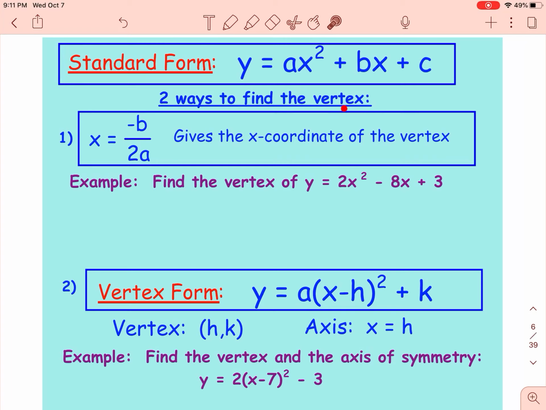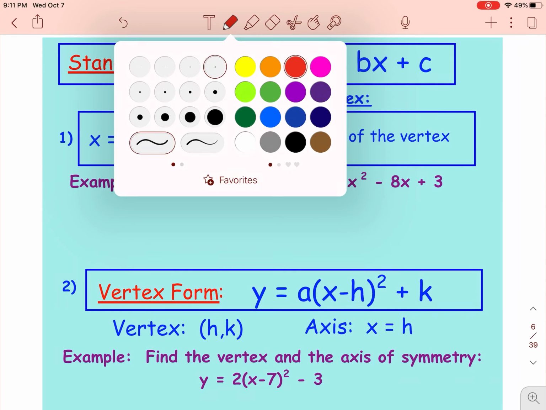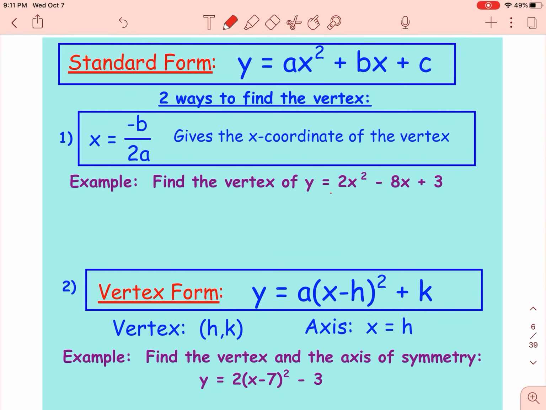There are two ways that we can find the vertex of a parabola. We know that x equals the opposite of b over 2a will give us the x-coordinate of the vertex. So if we were asked to find the vertex of this polynomial right here, we know the x-coordinate would be the opposite of b over 2a, which would be 8 over 2 times 2, which is 4, and so 8 divided by 4 is 2, so the x-coordinate is 2.